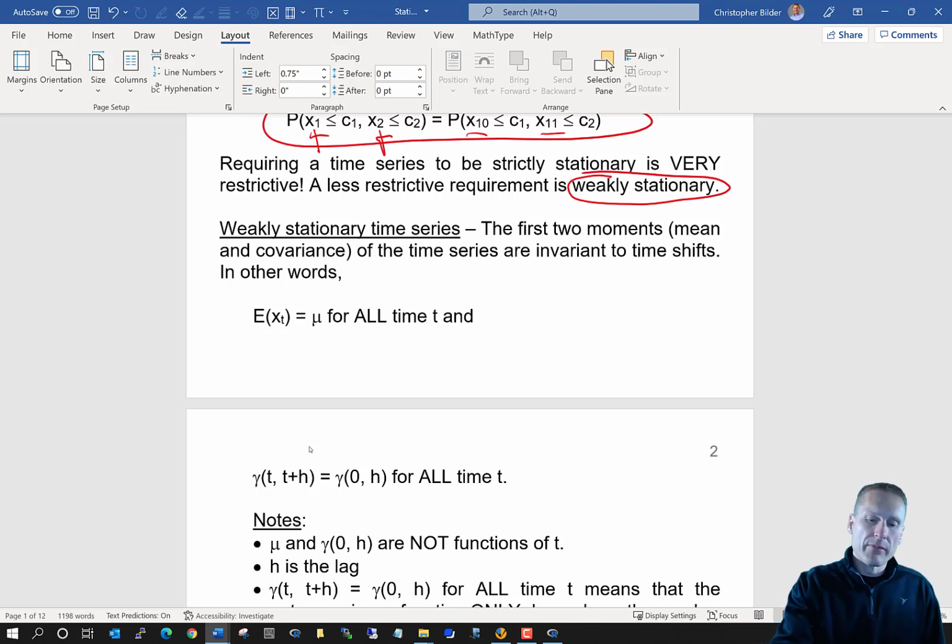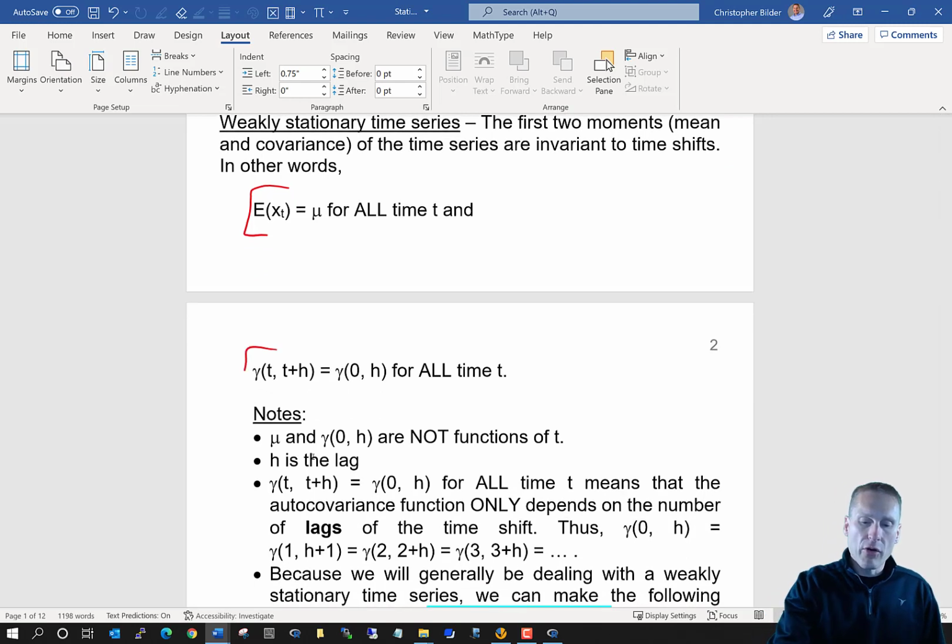So in other words, the expected value of x of t is equal to one number, let's call it mu, for any time point. Also, the autocovariance for x of t and x of t plus h is equal to the autocovariance for any other h shift in our time points.